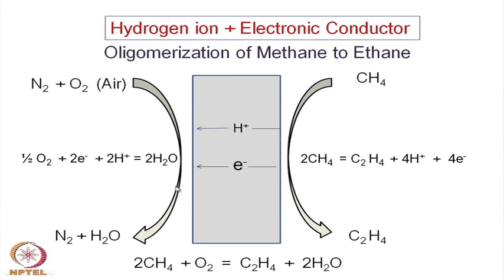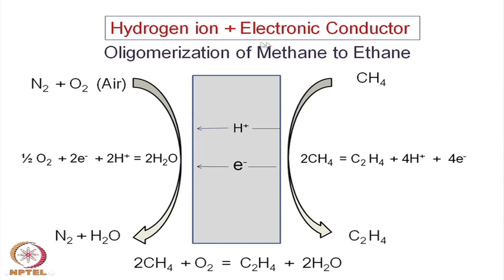The process is the same. So, CH4 becomes C2H4 plus 4 hydrogen and then 4 electrons here, these 4 electrons go there, hydrogen also goes in the same direction, and it combines there with oxygen taken from the air, forming H2O. So, nitrogen and oxygen and ultimately nitrogen and H2O.